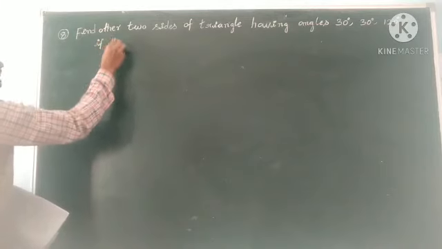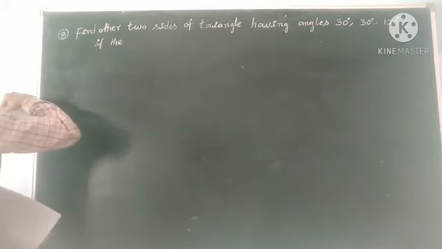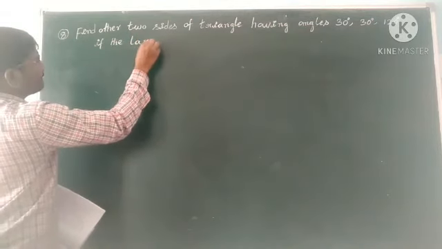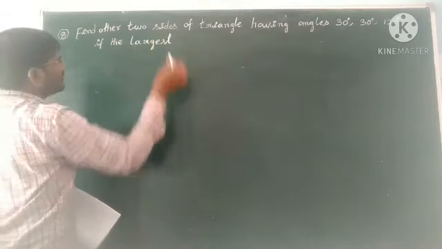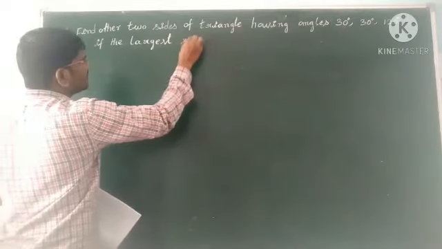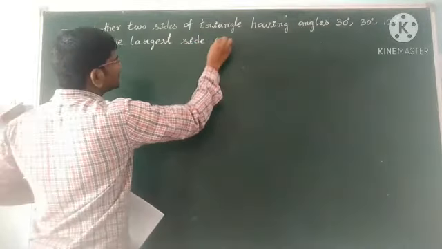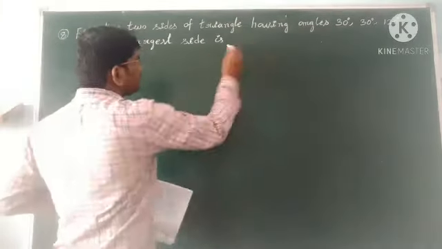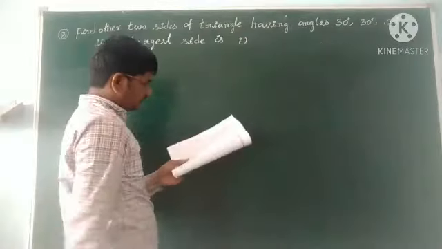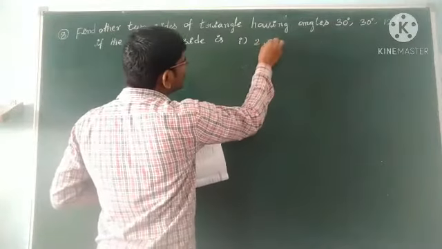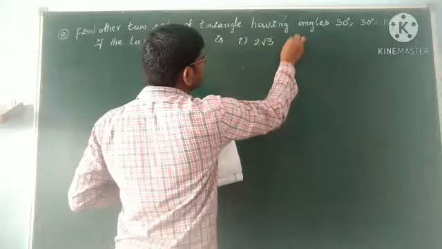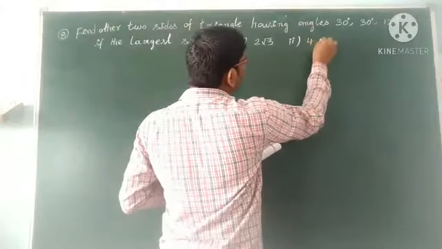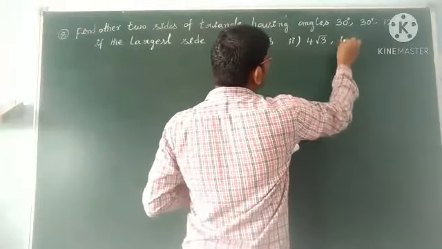If the largest side is, for the first problem they gave 2 root 3 meters. Second problem 4 root 3 meters.